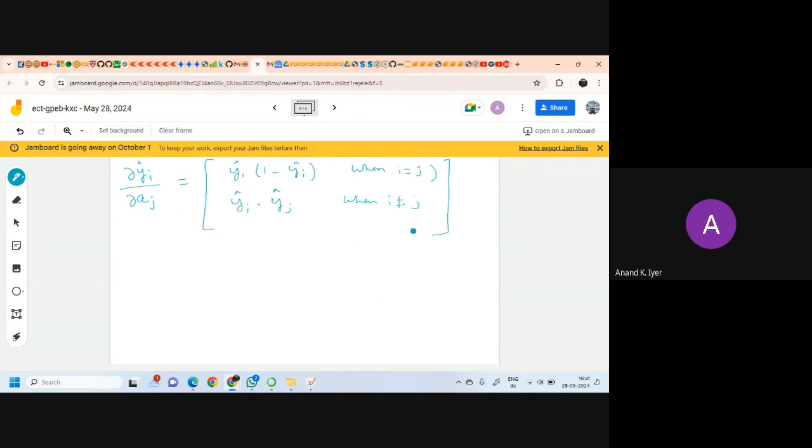So this also I can write down using something called y1 hat. There is a symbol like this, I am forgetting the name of this, and this is yj hat.